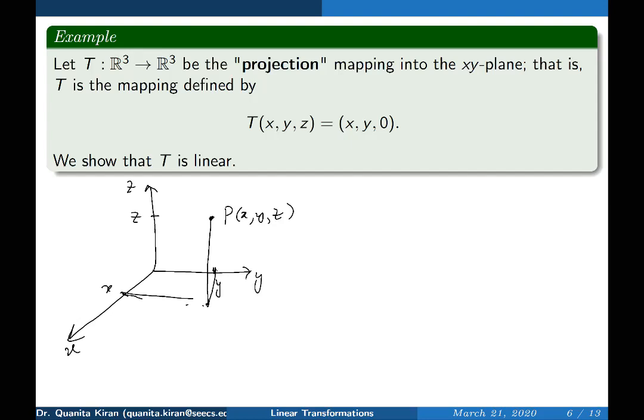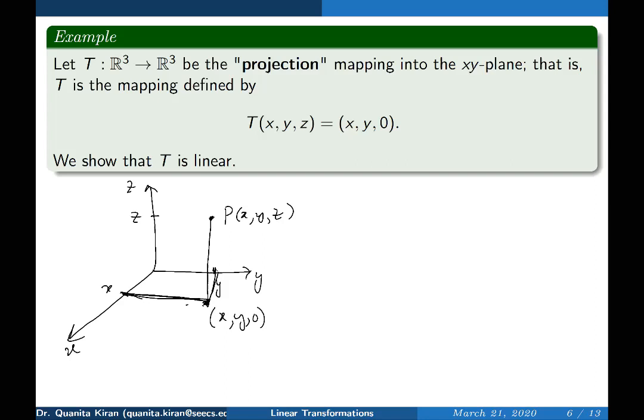So this point is the image of P under the mapping T. This point is the projection of P onto the XY plane.